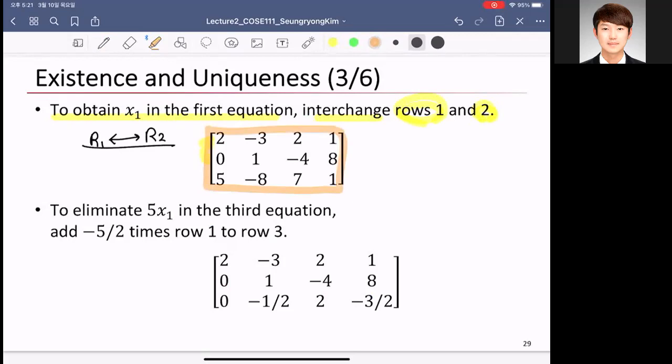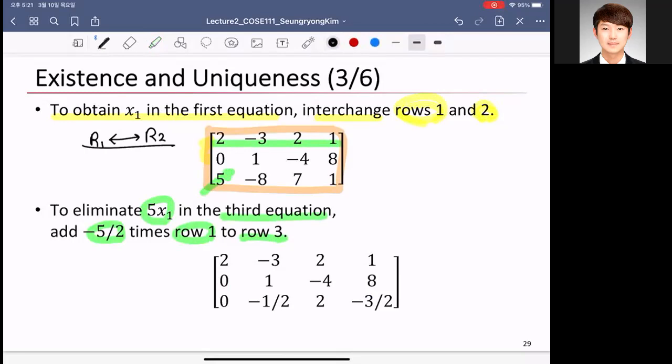Right. Then what do you want to do next? We would like to eliminate this term. How can you do that? By using the first equation. So to eliminate 5x1 in the third equation, add -5/2 times row 1 to row 3.